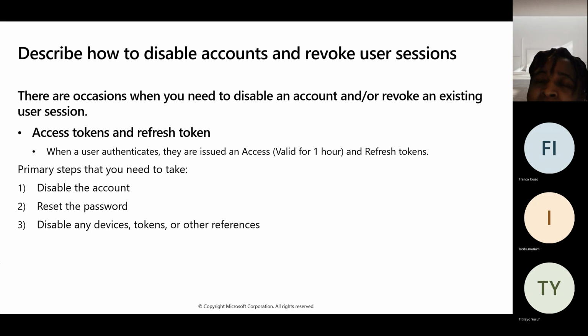So if an account has done a password reset or tried to do this 5 times, it means someone is trying to compromise the account. Then you disable it, revoke user sessions, or reset the password. These are possible occasions where you can disable an account or revoke existing user sessions. It all depends.